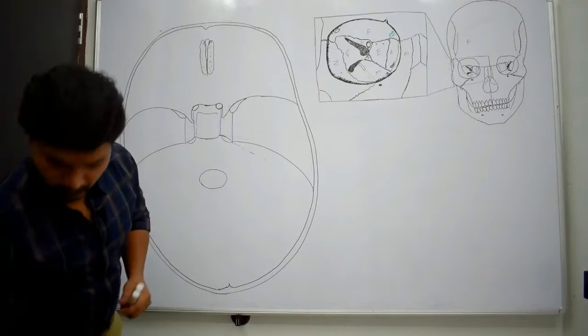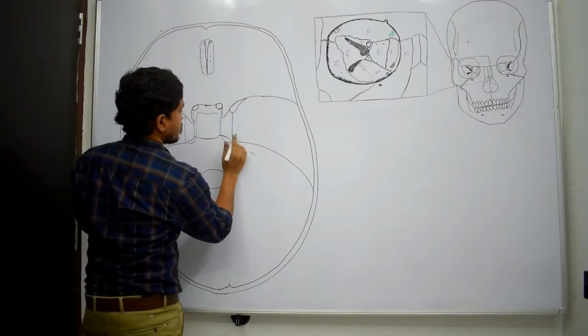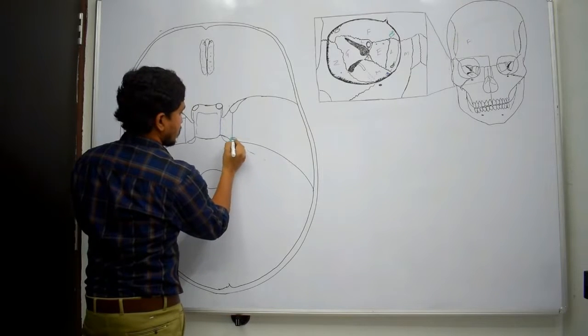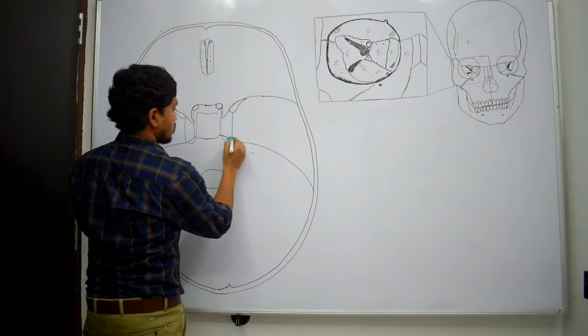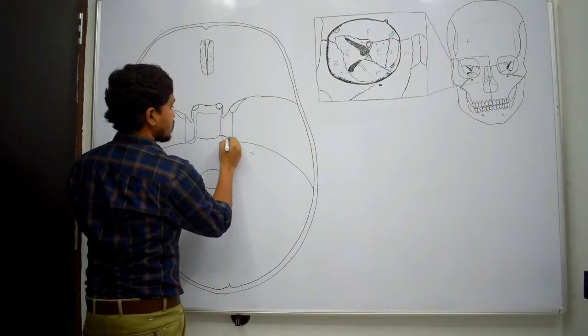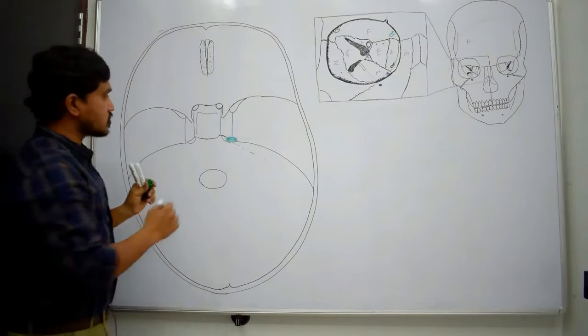Within the trigeminal cave, we can find a ganglion. What is that ganglion? Trigeminal ganglion. So this is the trigeminal ganglion. Right? This trigeminal ganglion will give three branches. What are those?